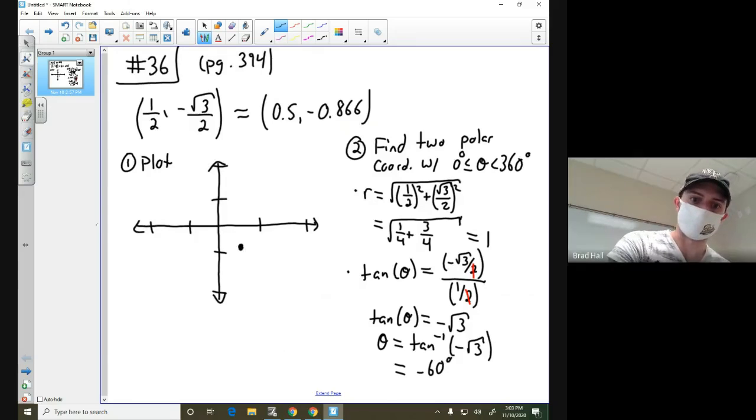So what that tells us is, from this point, if we were to triangulate, then the reference angle is 60 degrees.